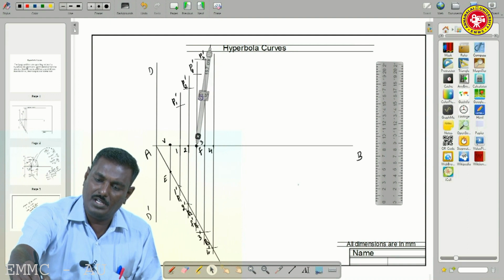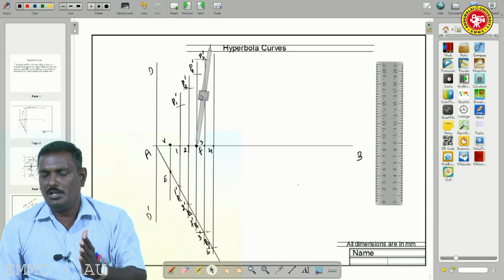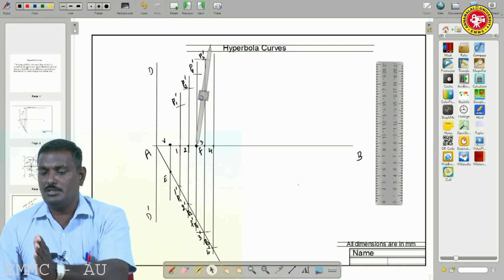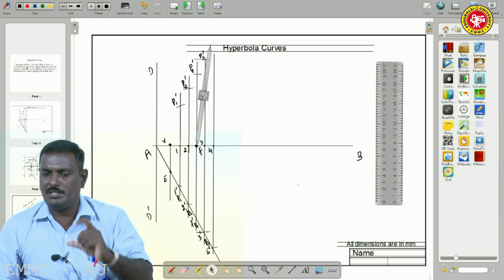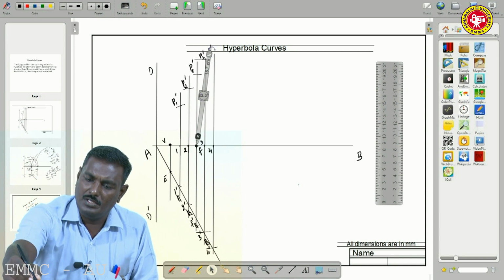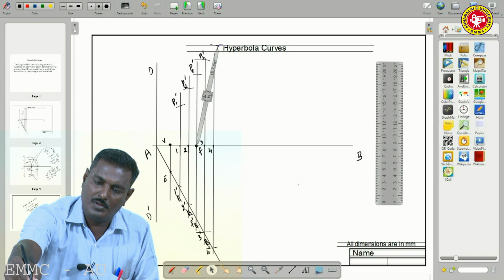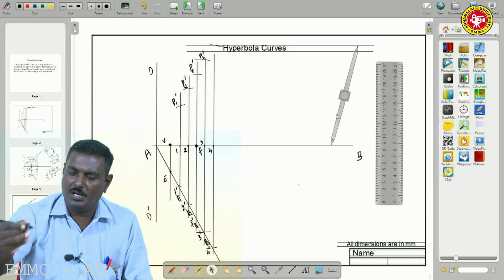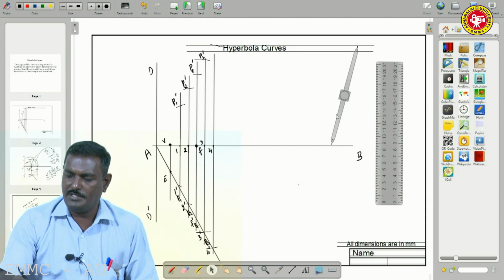Try to see, it is out of the paper. That is why we have to limit the hyperbola; if you give so many points, it will go out of the paper. So we have to limit it. For this arc there is no vertical line, so we have to extend and find the points.